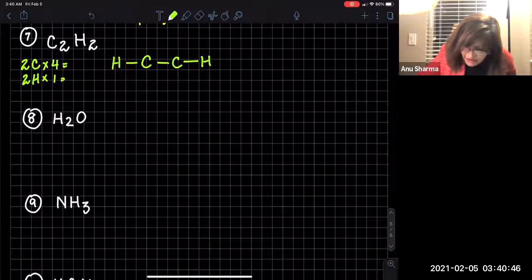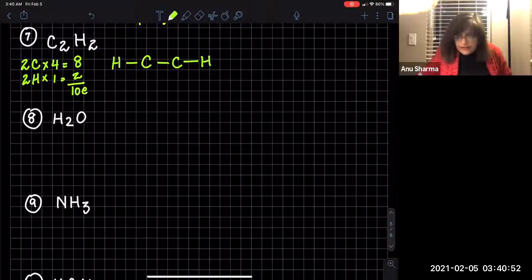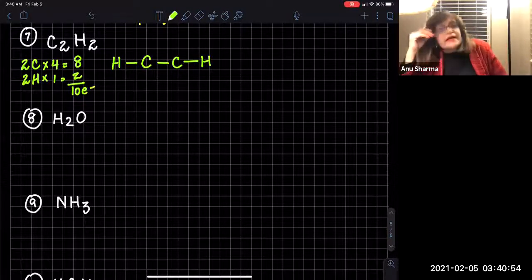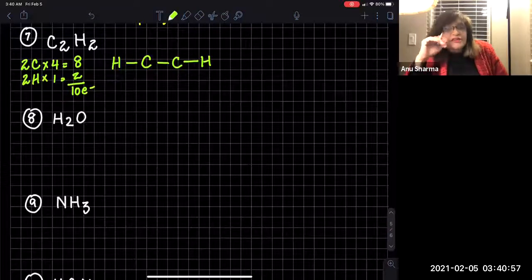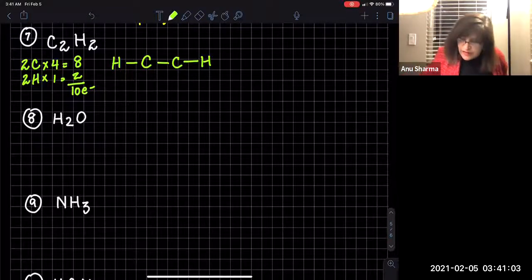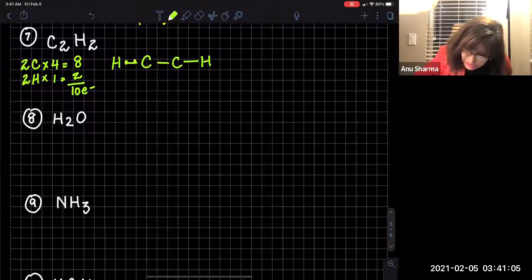So here you have 2 fours are 8, and 2, so we are looking at 10 electrons. Okay, so that's the total. When we arrange these multi-center molecules, carbon generally gets the center spot, because carbon can make 4 bonds, with hydrogens on the side. So now 1, 2, 3, 4, 5, 6.